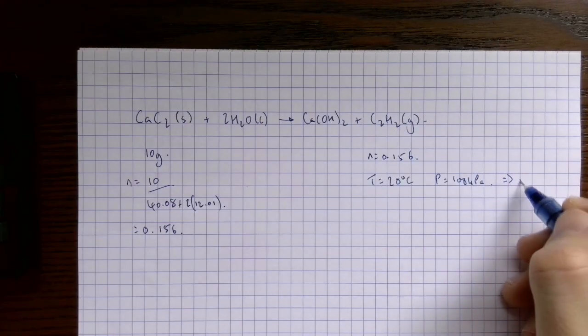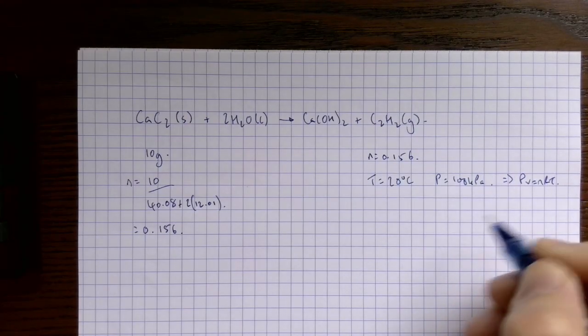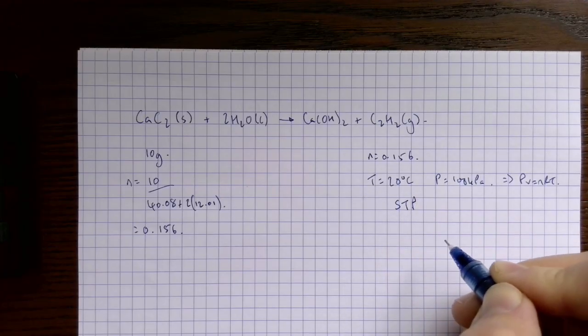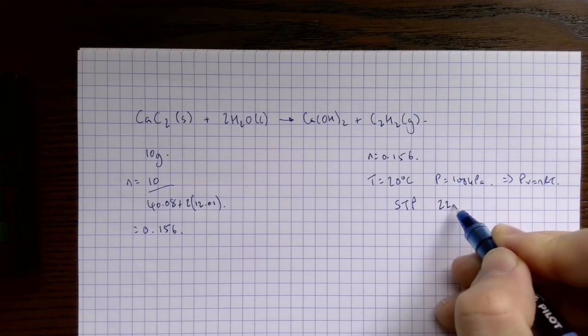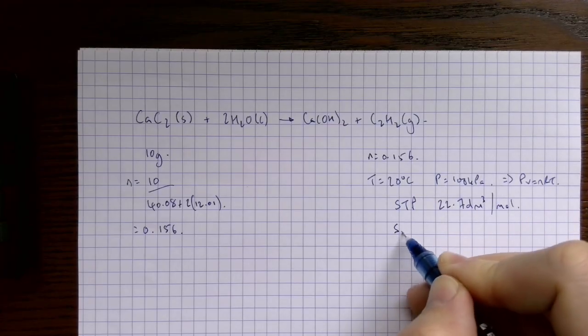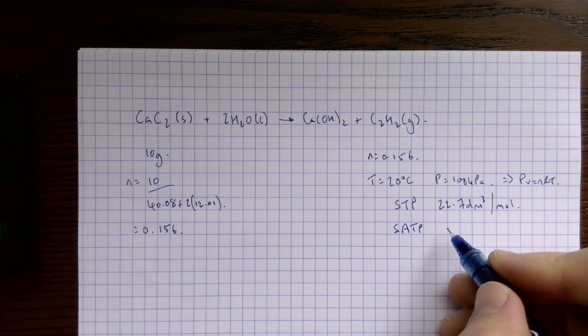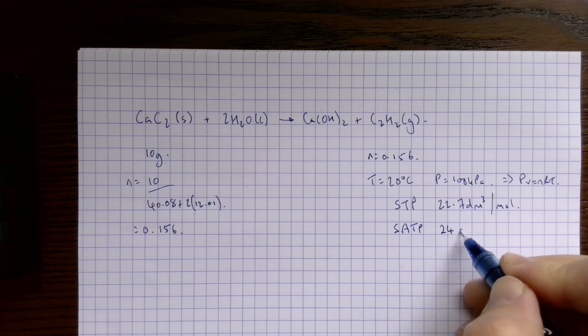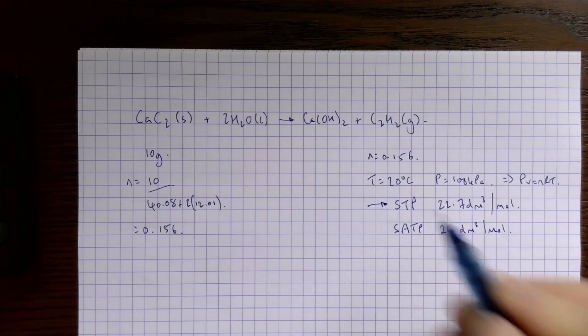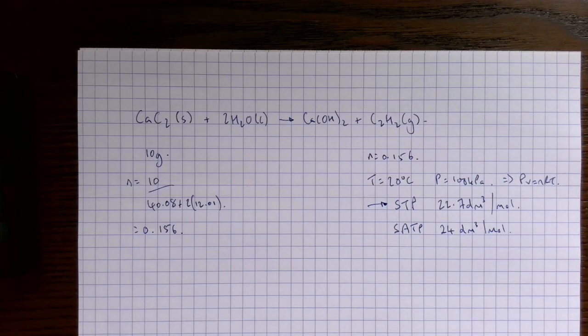You might also be told that it is at STP, in which case you use 22.7 decimeters cubed per mole, or you might be told it's SATP, in which case you use 24 decimeters cubed per mole. It's more likely, obviously, for the IB that they're going to ask you STP, 22.7.